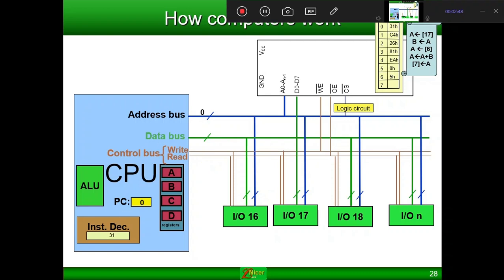Now when the program counter counts to position 1, it corresponds to the instruction which says that the data present at the 17th position is loaded into A. A is a variable of the register, or you can say the initial position of the register.